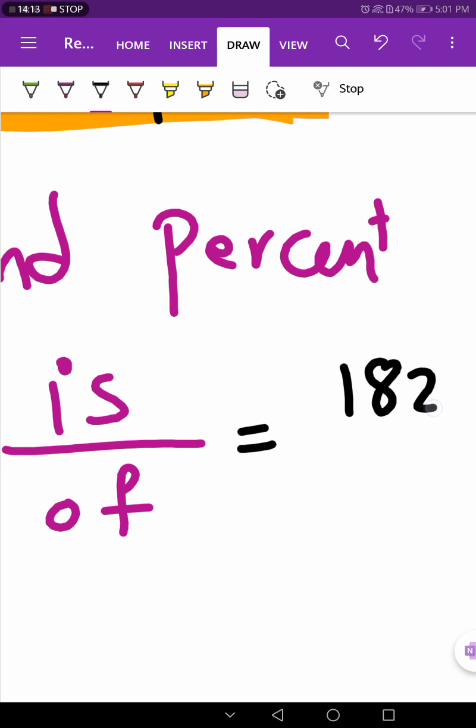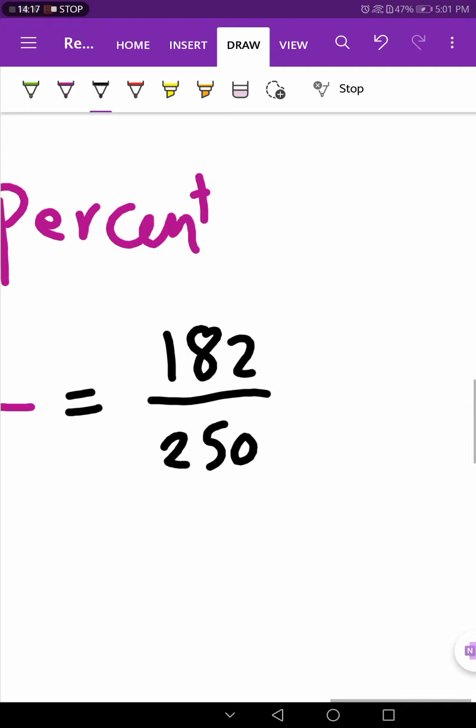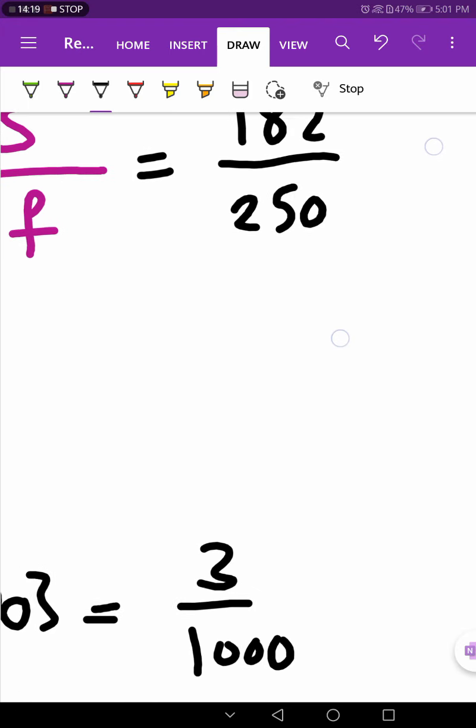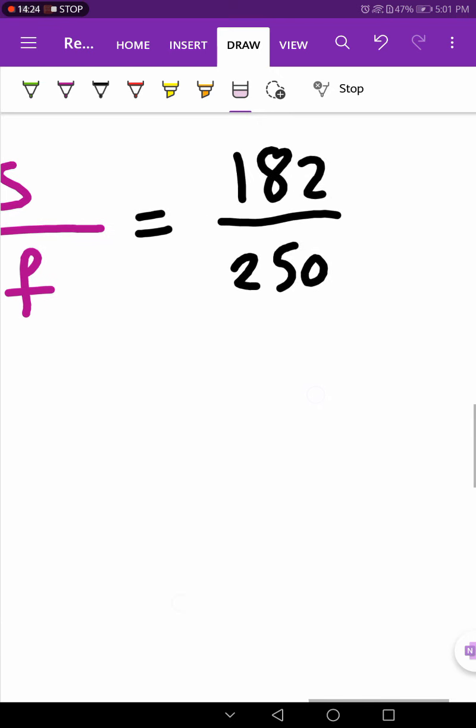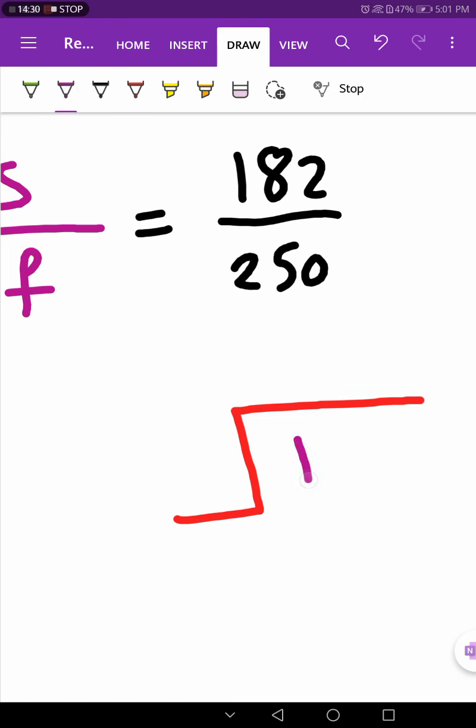182 over 250. How do you do it? You do the long division. Let me write it. Inside is the 182, because it is the up. 250 is the outside. How many 250 in 182?